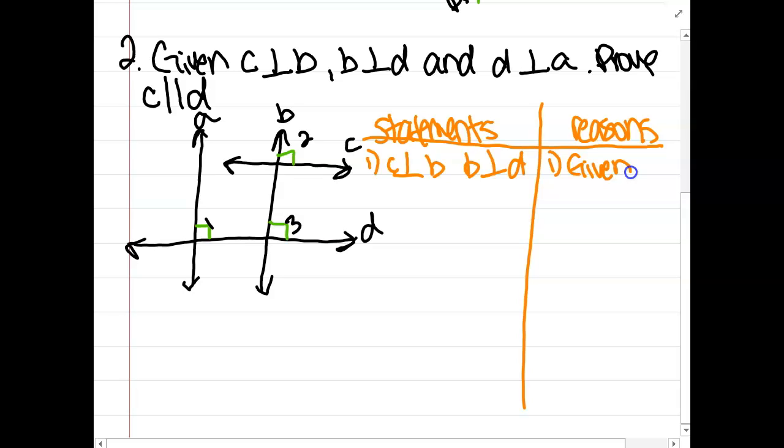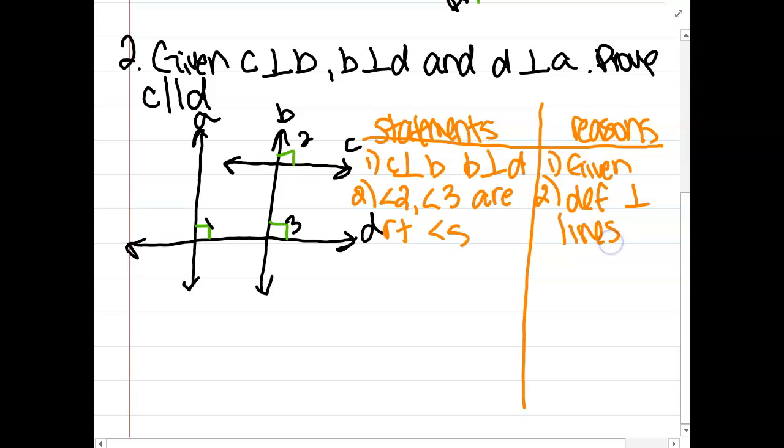Now, kind of like we did in our first proof on the left side of the notes, since they're perpendicular, what do I know? They form right angles. Angle 2 and angle 3 are right angles. And I know that they're right angles because that's just the definition of perpendicular lines.